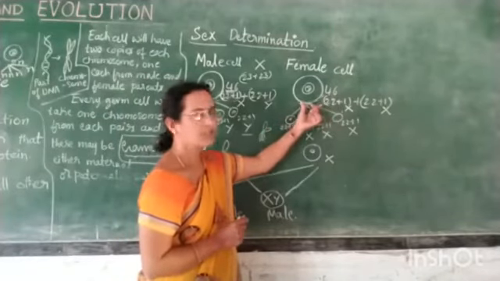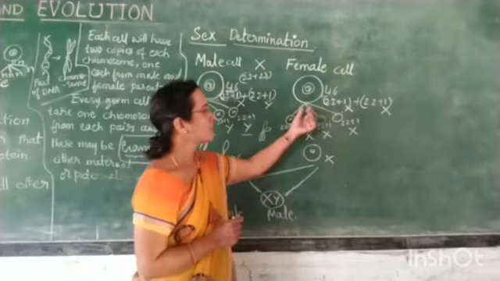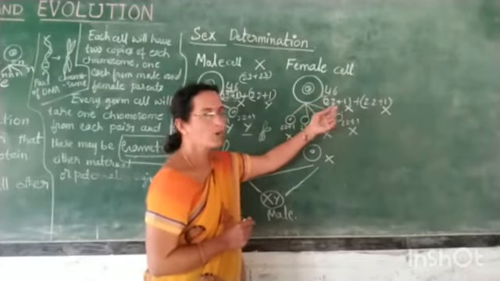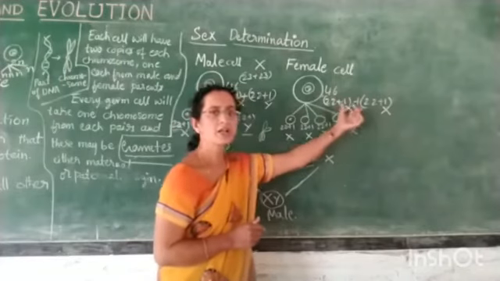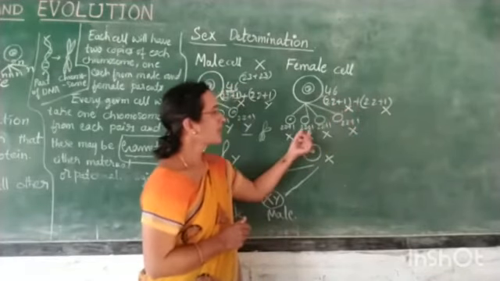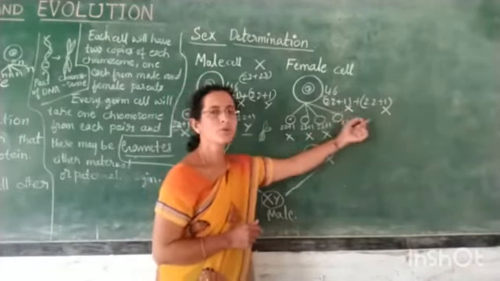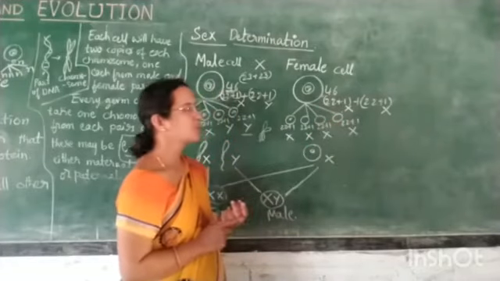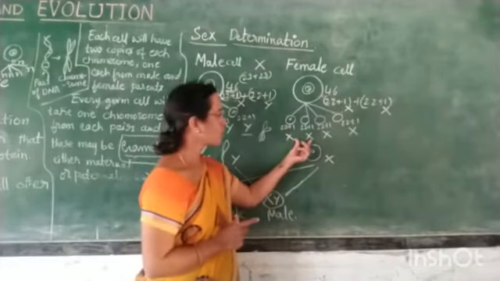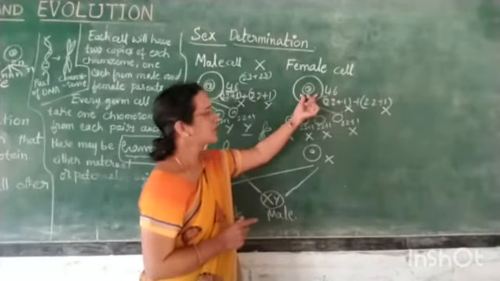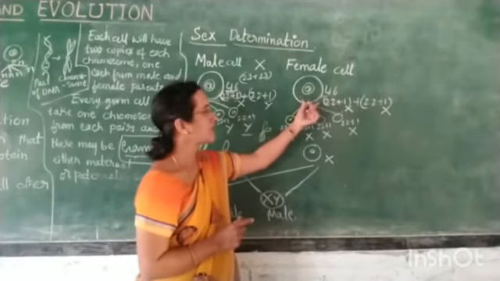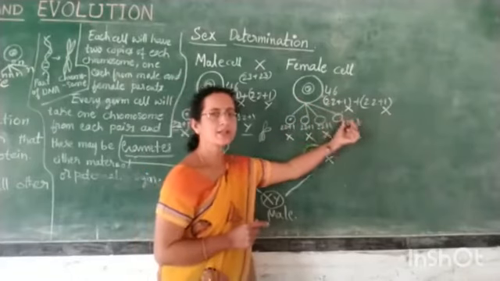Whereas in the female reproductive cell, again there are two sets of chromosomes. So 23 pairs of chromosomes are found. Excluding 22 pairs, there will be one special set of chromosomes where there are two similar kinds of chromosomes, namely X chromosomes. Both chromosomes, received from the maternal and paternal side, are X chromosomes.